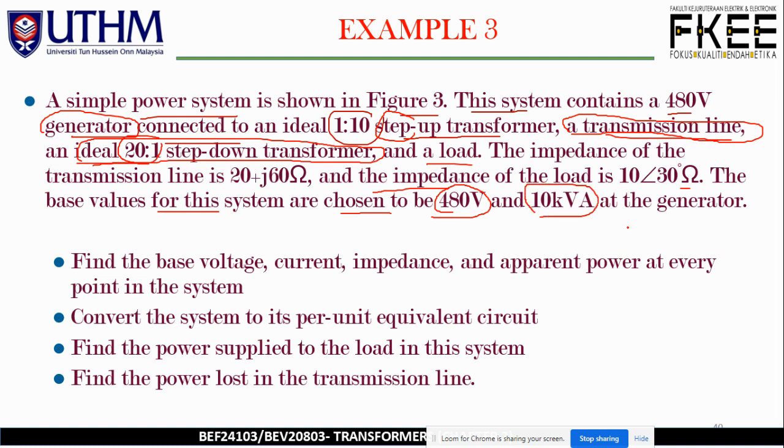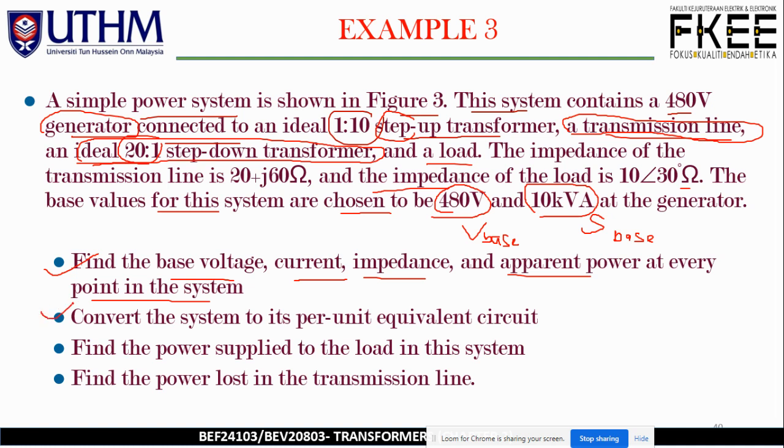The apparent power S at the generator. So this is the base value again for the system, I mean for the voltage, as well as the base value of the system, the S, or the apparent power. So first you need to find the base voltage, the current, the impedance, and the apparent power at every point in the system.